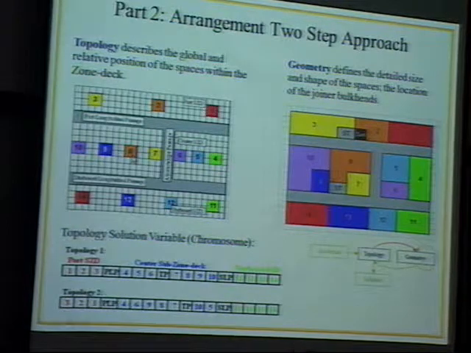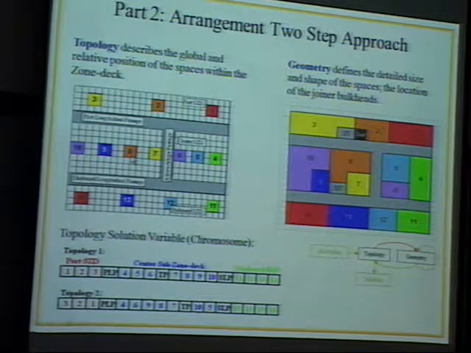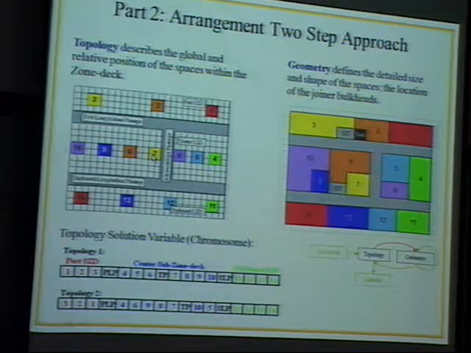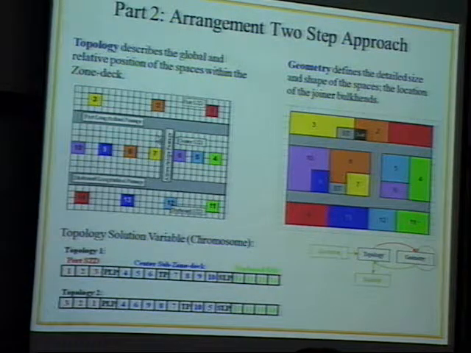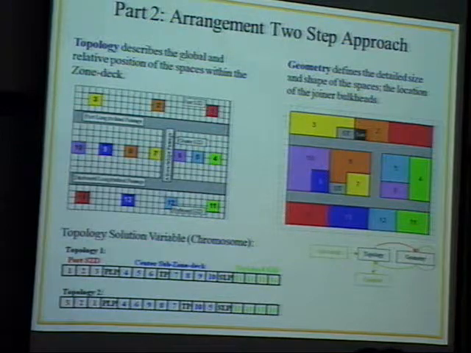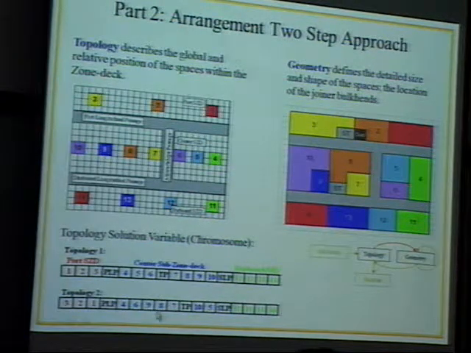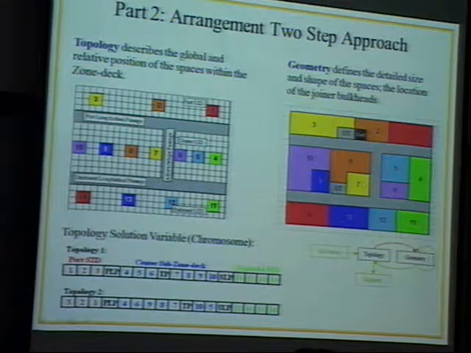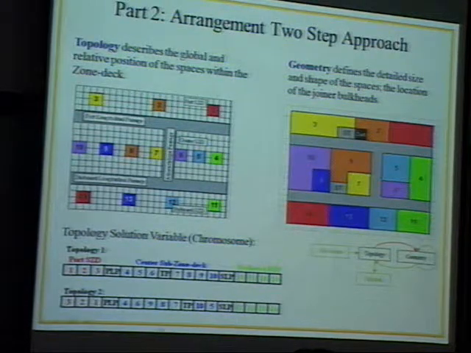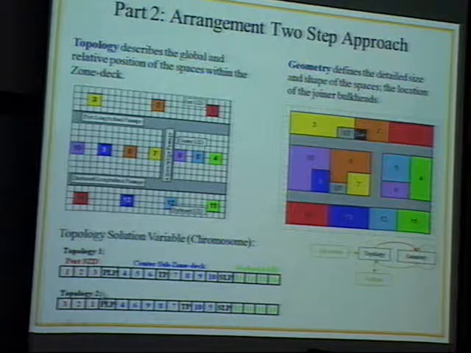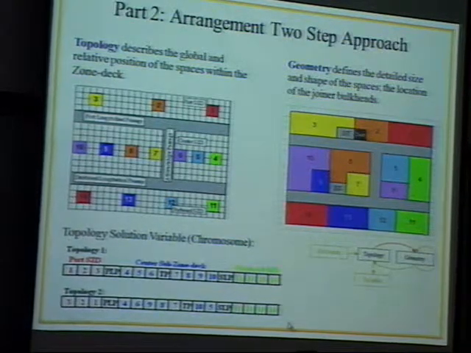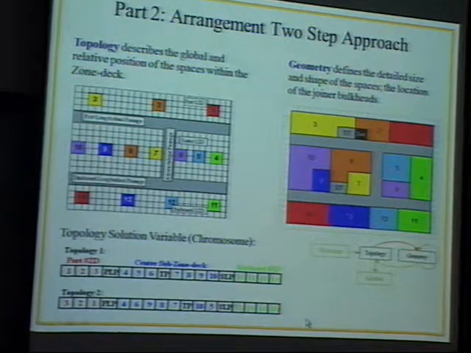So space 8 should be east of space 7, and space 2 is at the left side of space 7. Those are the relative location information. That's a topology, and this topology is modeled as this kind of chromosome.